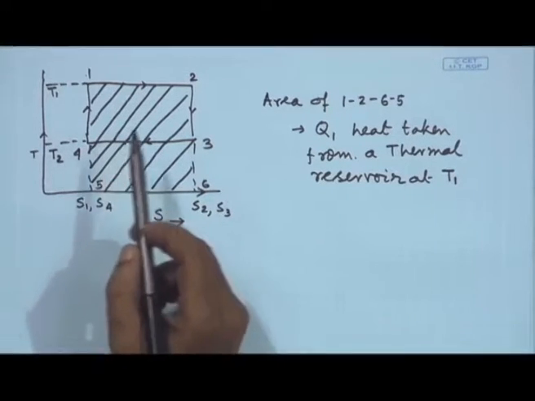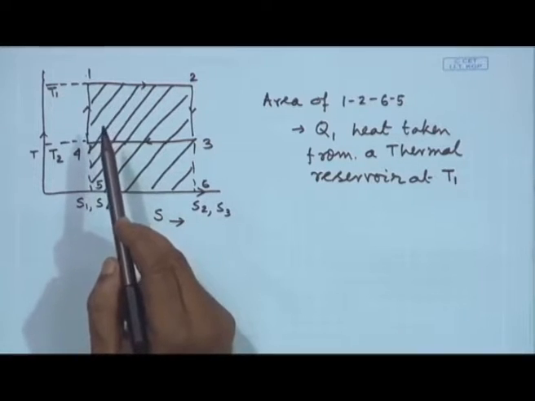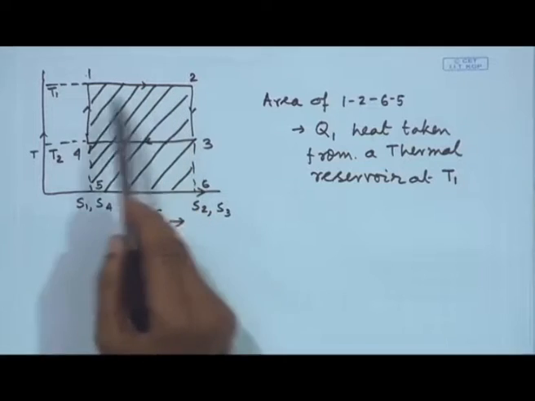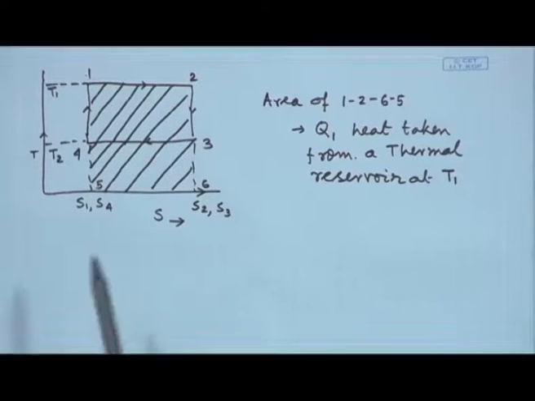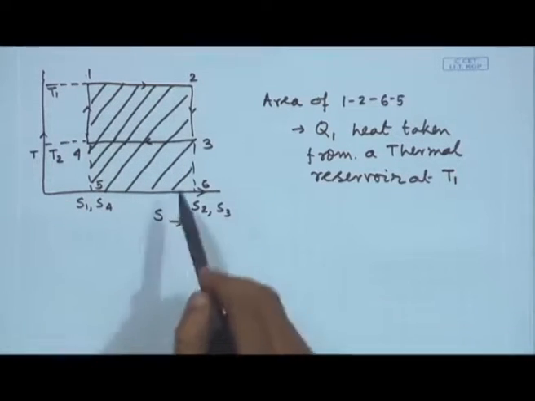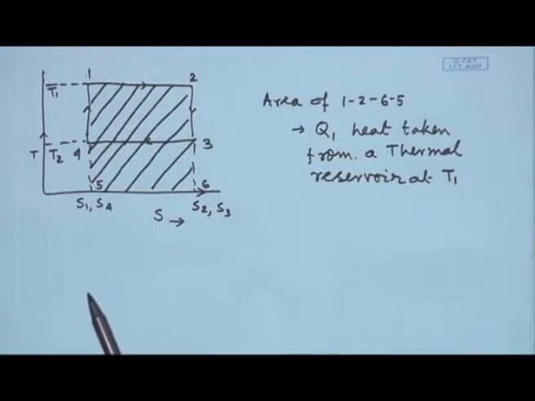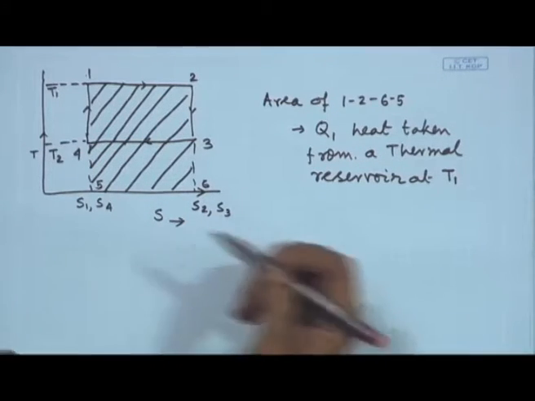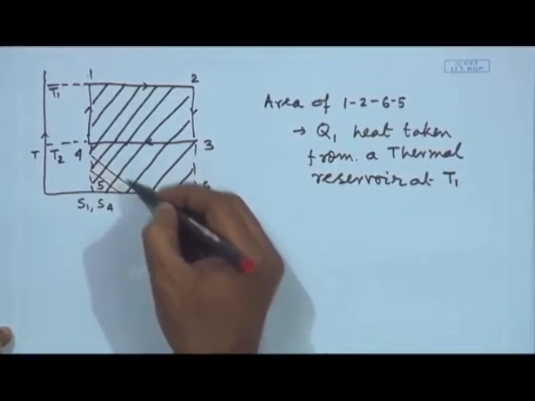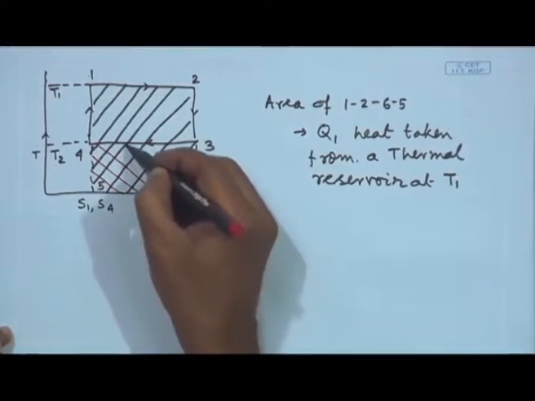So, heat which is added at constant temperature T 1 is given by the area 1265, that is Q 1, and this shaded area represents the heat which has been taken by the cycle from a high temperature reservoir.